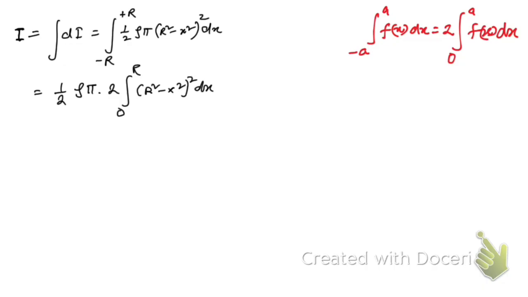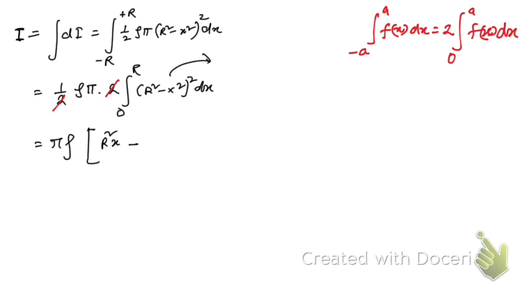Here this 2 and this 2 cancel, so we have got pi rho, and r square is constant, and the integration of dx is x. Then minus, sorry, one more thing, just wait.